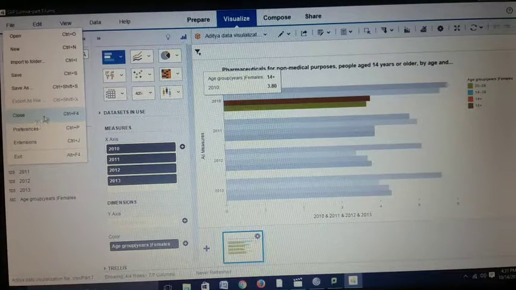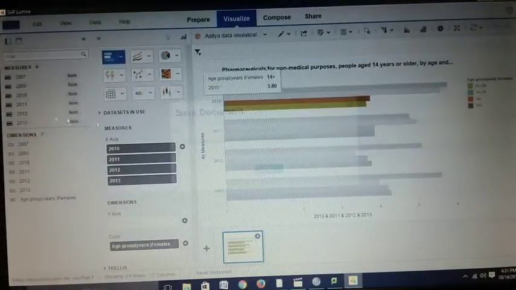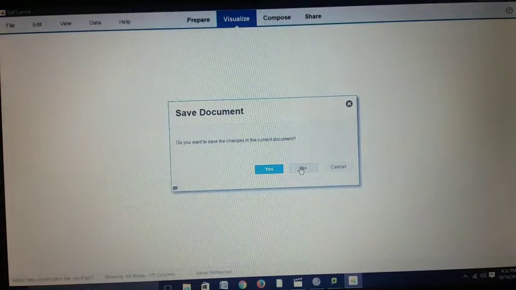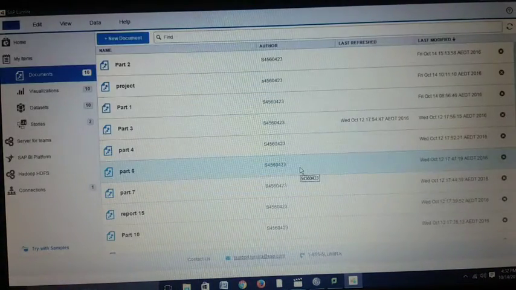So the female individuals of age 20 to 29 are using the maximum number of drugs, including the pharmaceuticals and the non-pharmaceuticals also.